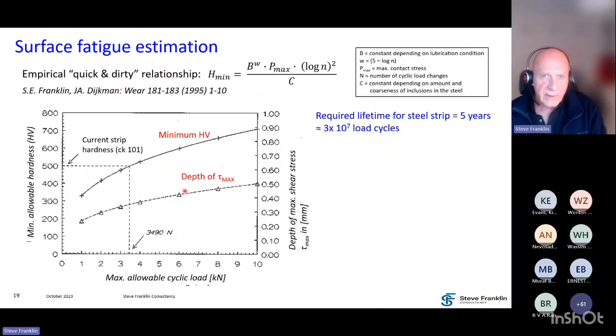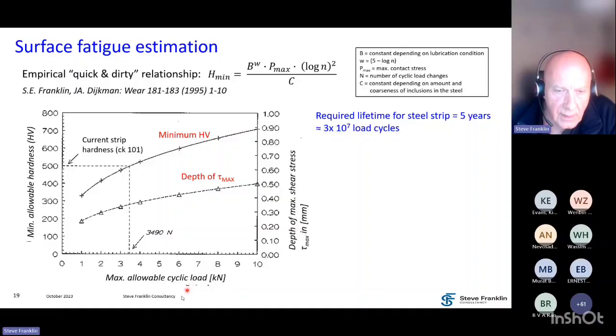If you plot those out for the current case, well, we have a current strip hardness of 500 Vickers hardness, and this is the curve which is based on this formula here, and this tells us that we can have a maximum allowable cyclic load of almost 3.5 kilonewtons.